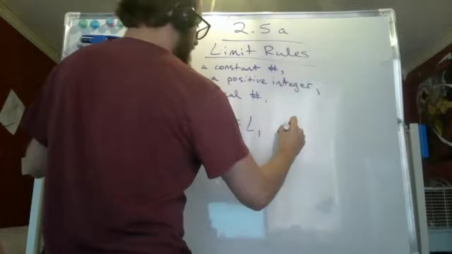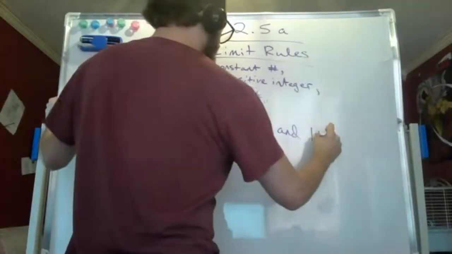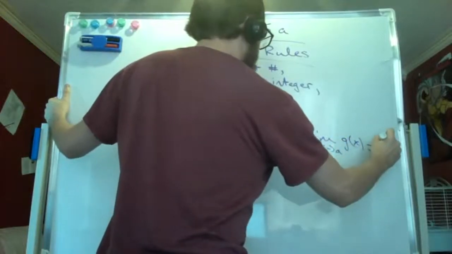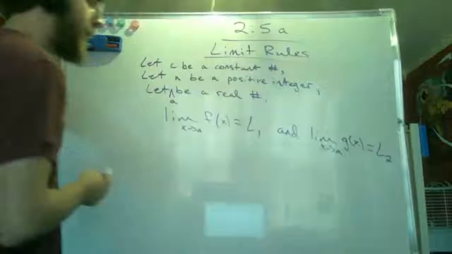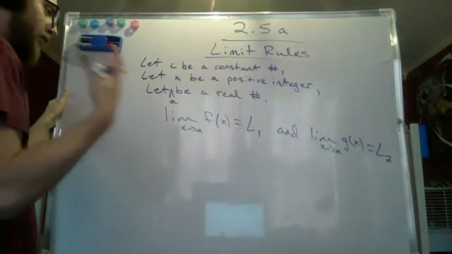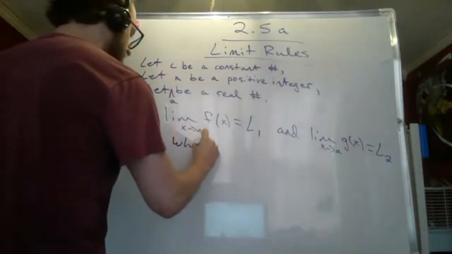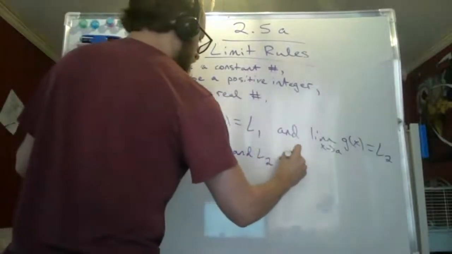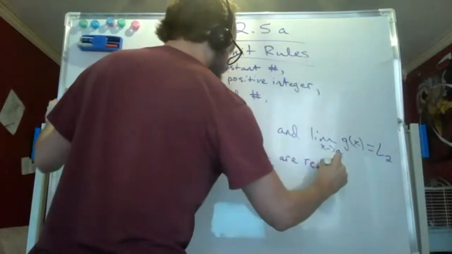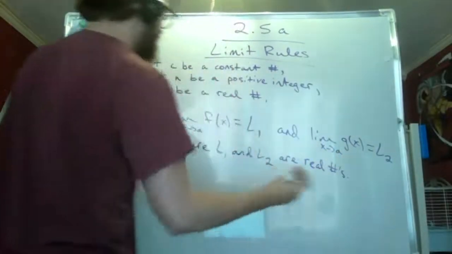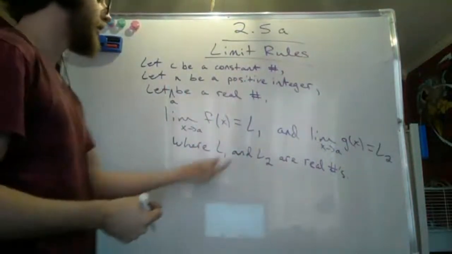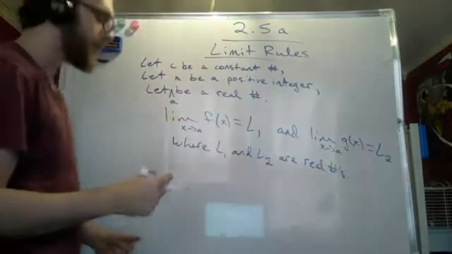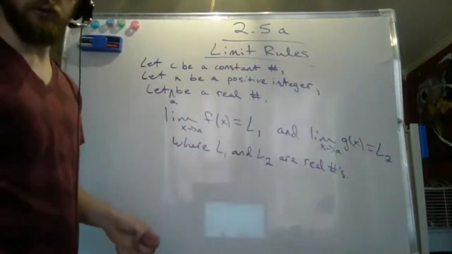And suppose we have another function, g of x, such that the limit as x goes to a for g of x is equal to L2, where L1 and L2 are real numbers. So they're like A. They're just some constant number. They're the result of what these limits approach as x goes to A. Okay, so far so good, nothing weird.